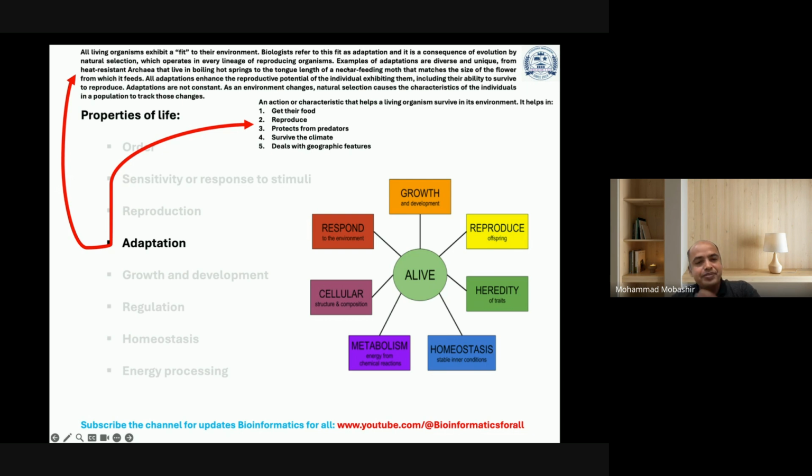Now, what is a cell? Cell is the building block of life. Like a brick for a building, a cell is the same thing for a living organism. That is the easiest way to define it.